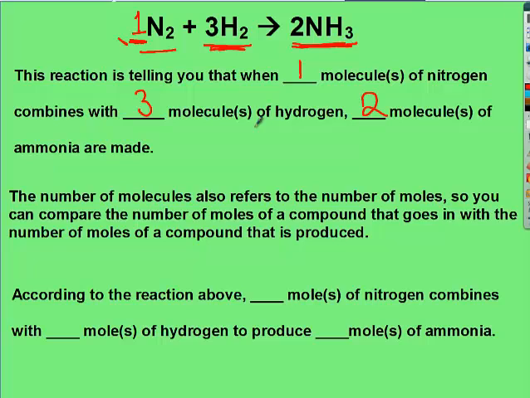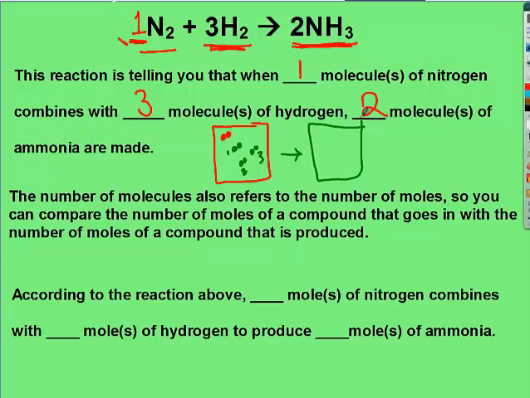So if I had a bag and I filled it with one molecule of nitrogen, pretend this is nitrogen, I'll get a different color for hydrogen. So here goes hydrogen, 1, 2, 3. There's 3 molecules of hydrogen. If I put that in a bag, what would happen?